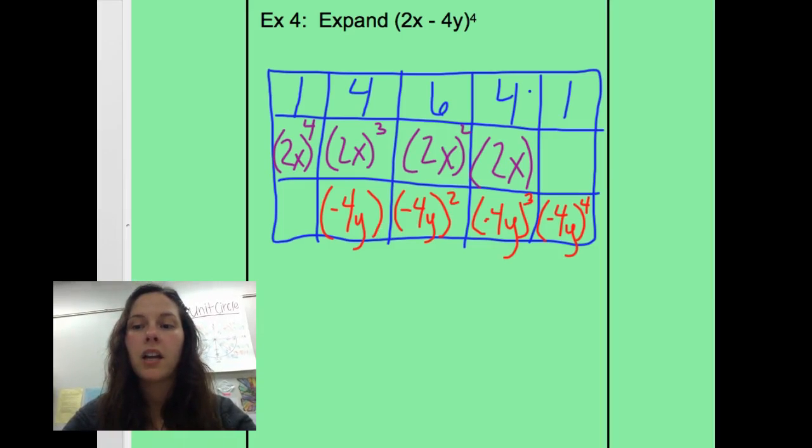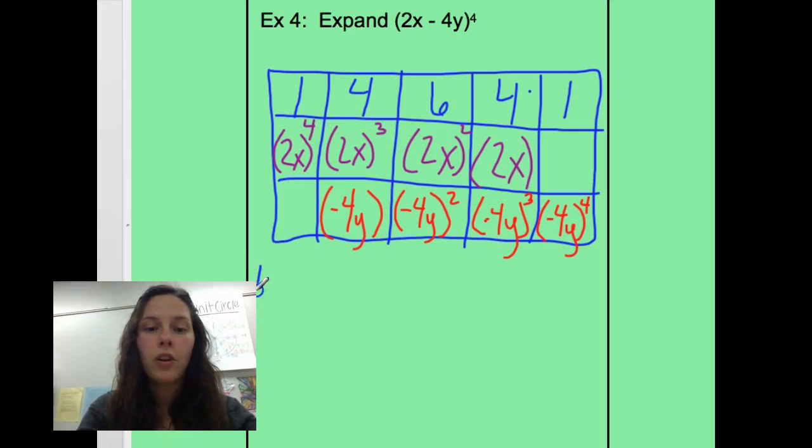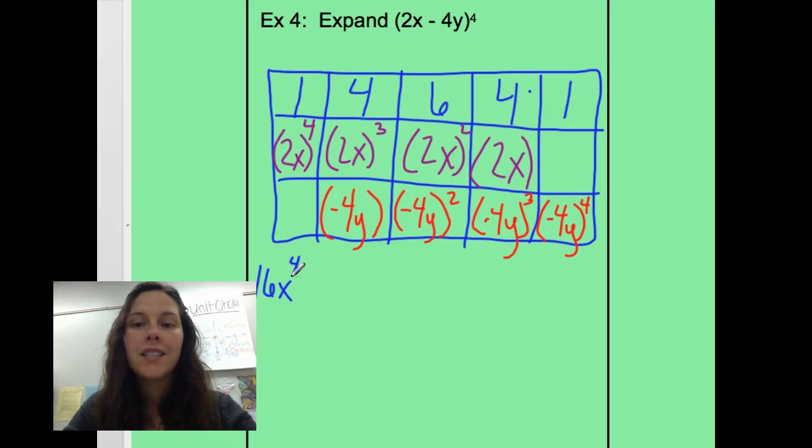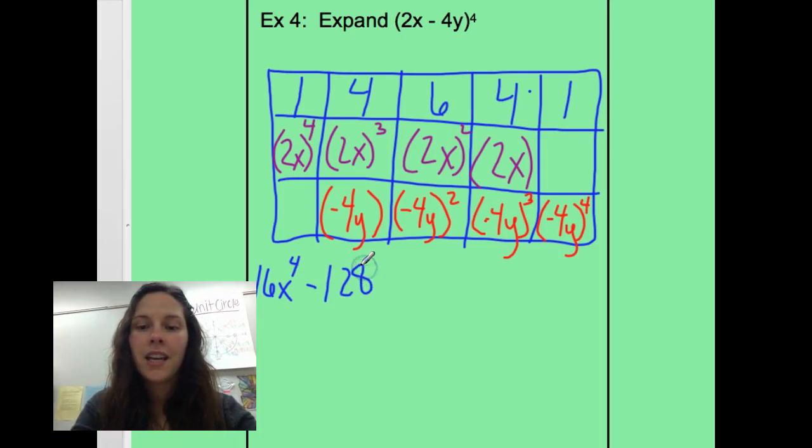So when we multiply our first column, we've got 1 times 2 to the 4th, which is 16x to the 4th. In the second row, we have 4 times 2 cubed times -4, which gives us -128 x cubed y.